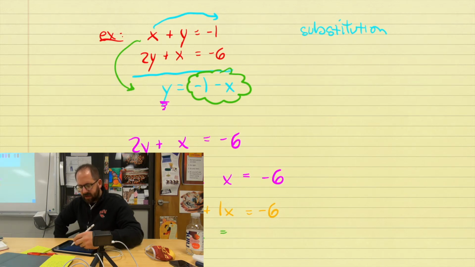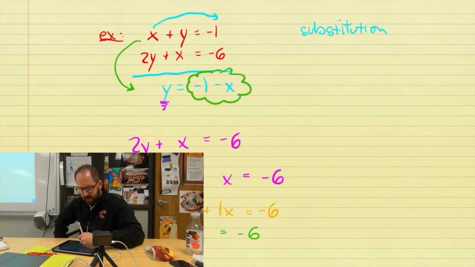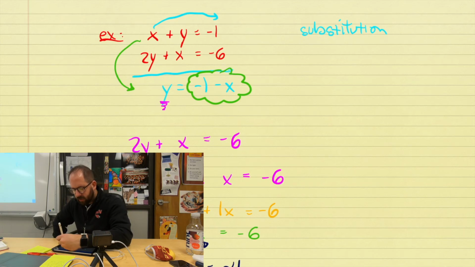I'll have to move that 2 across. If I add the 2 to the other side, that's -6 plus 2, which is -4. Then dividing both sides by -1, my x turns out to be +4.